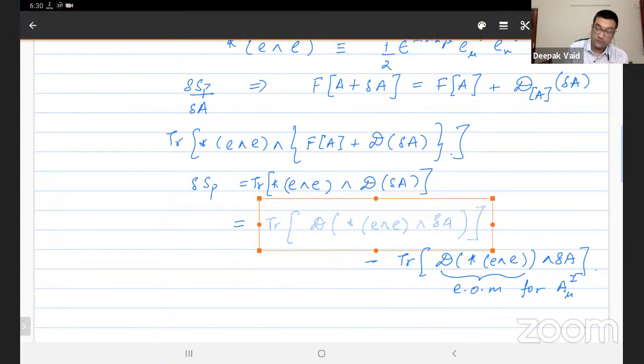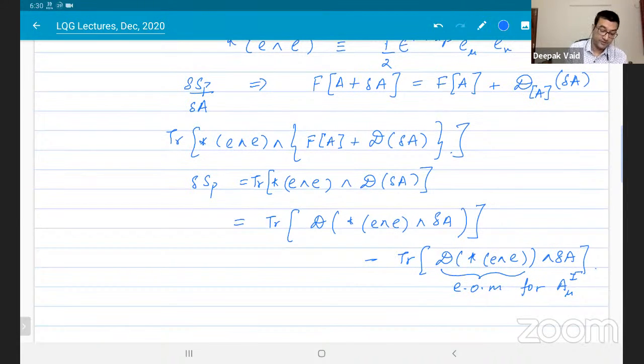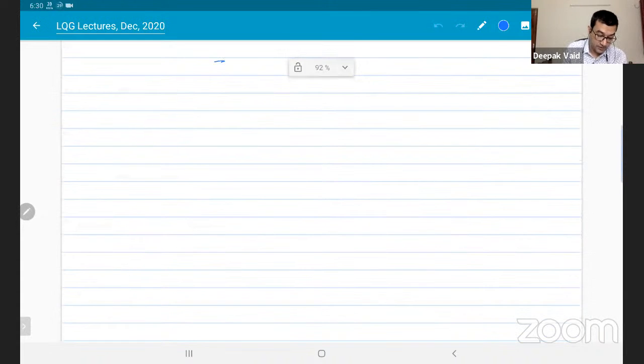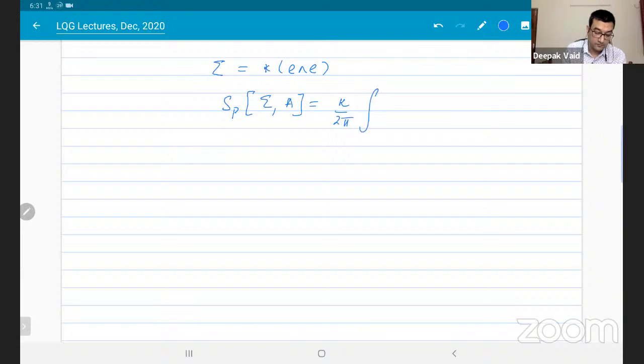But you also have this boundary term. This is the net divergence. Let me write it down. We refer to this object as sigma. Then our expressions become slightly more manageable, and I get trace of sigma wedge.